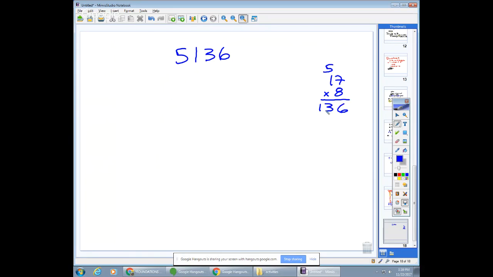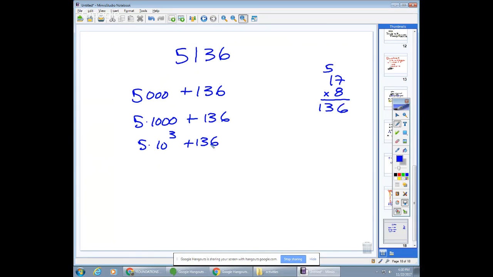So then what I do is break this down. This is 5,000 plus 136. Now I already know 8 goes into 136. 5,000 I'm going to look at as 5 times 1,000 plus 136. And 1,000 is 10 cubed.